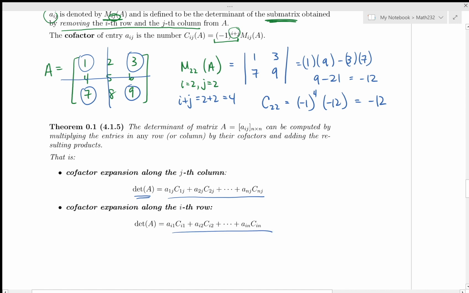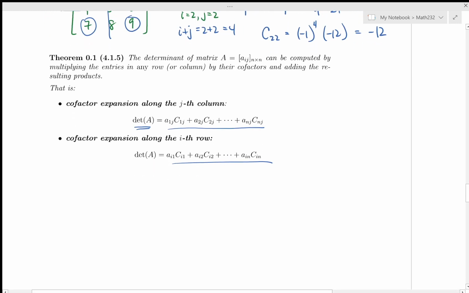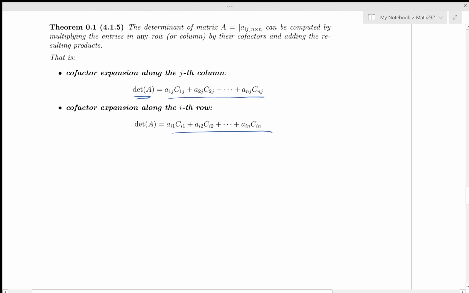I think this is much easier seen with a couple of examples, which we will get to shortly. But let us just take a look at one thing first, and that is C_ij of A is equal to -1 to the i plus j times M_ij of A. And -1 to the odd is equal to -1, and -1 to the even is equal to 1.